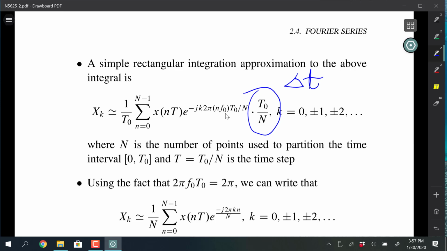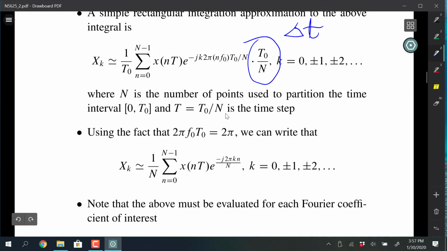So remember calculus and the Riemann integral that you learned about in calculus. You just create rectangular partitions, and then you take the limit, and that forms the integral. So this is going backwards on that, saying let's approximate the integral as a sum of rectangular areas of rectangular partitions. And we just have to put a delta t in there.